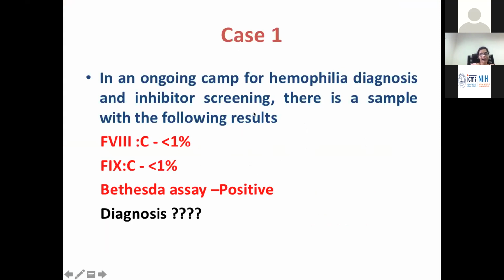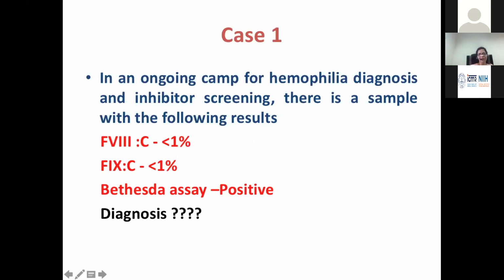You are just processing a sample with factor 8, factor 9, both being low. On many occasions, we receive reports from patients, specifically from private labs, because whatever they get, they just process. They've been asked to do factor 8 and 9 assays. They do that without any clinical background. They issue the reports. This is the strategy in the private labs.